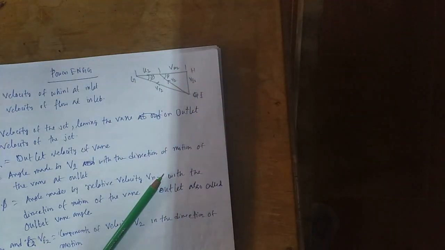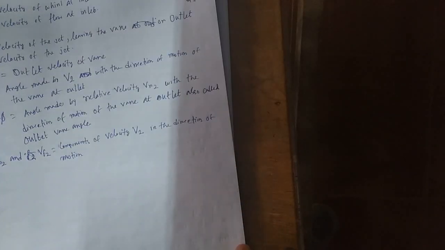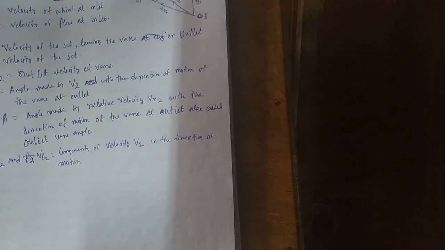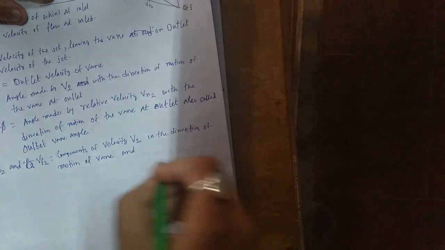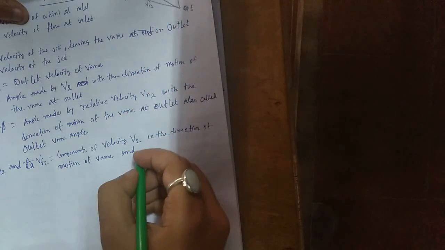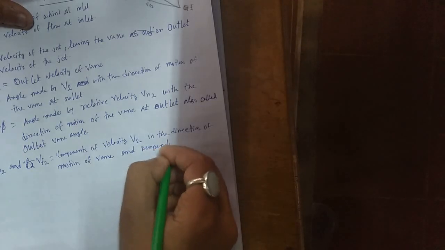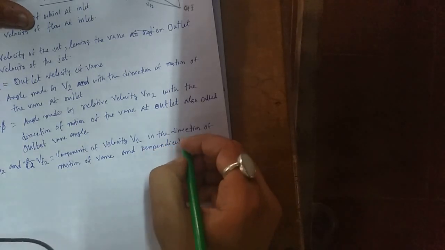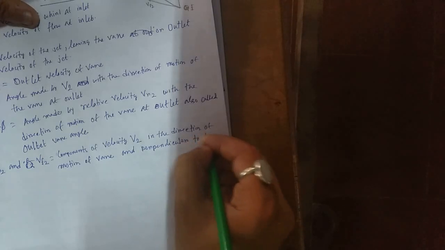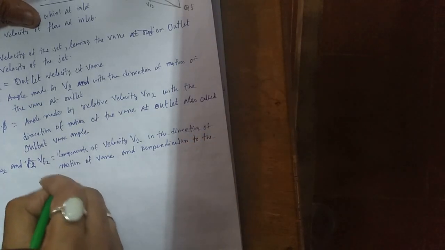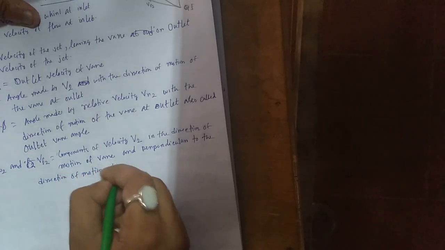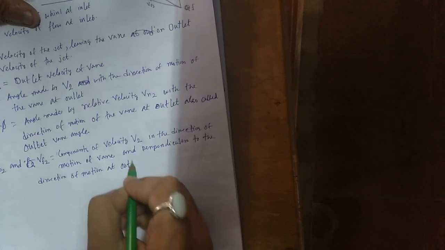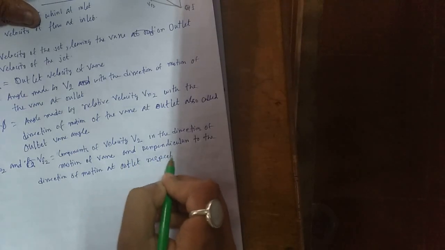Now VW2 is the component of velocity V2 in the direction of motion of the vane, and VF2 is the component perpendicular to the direction of motion at outlet respectively.